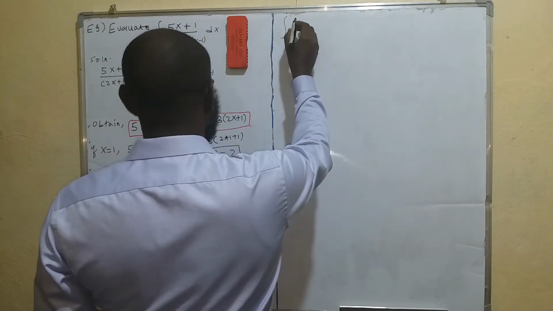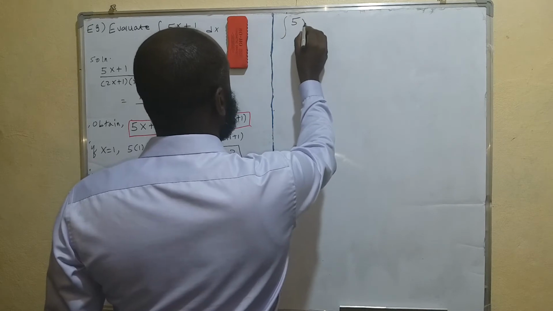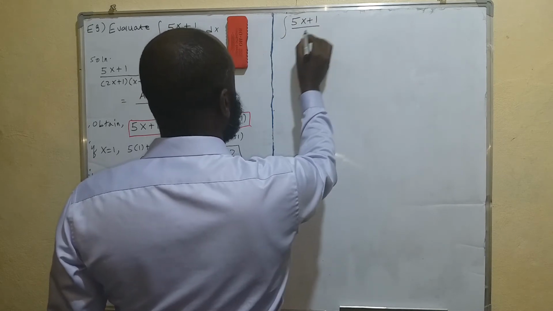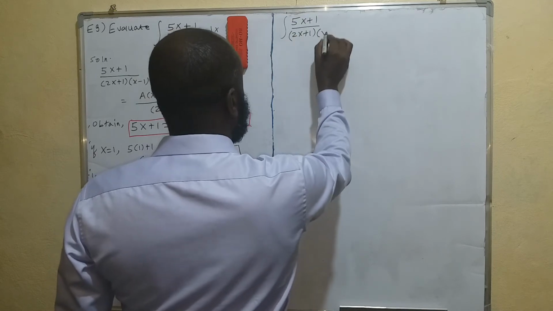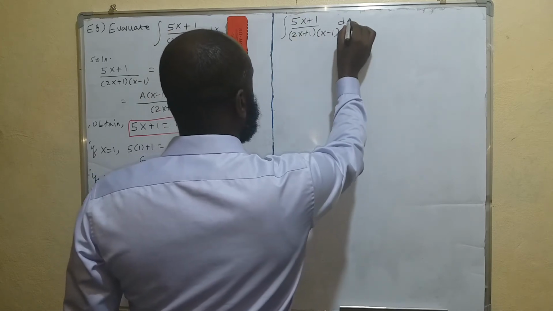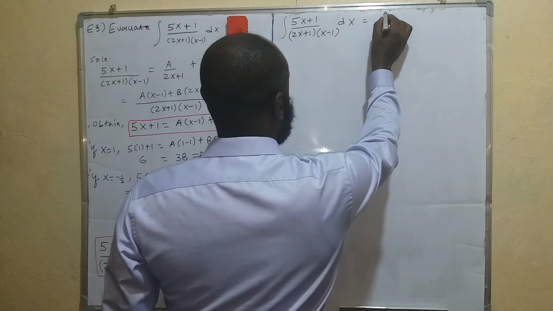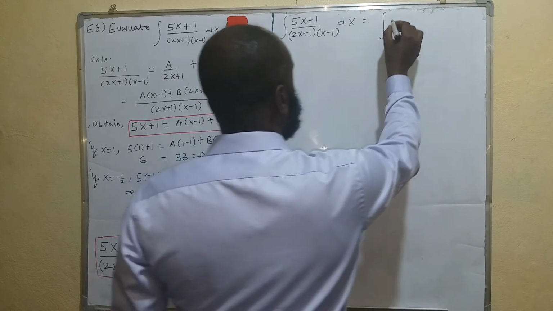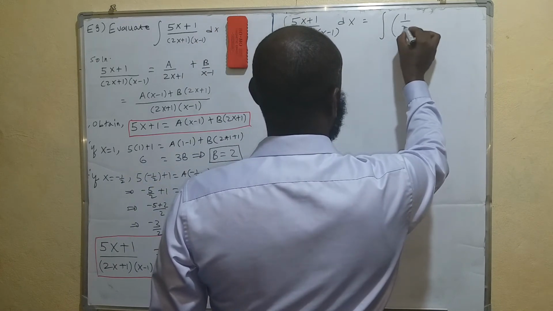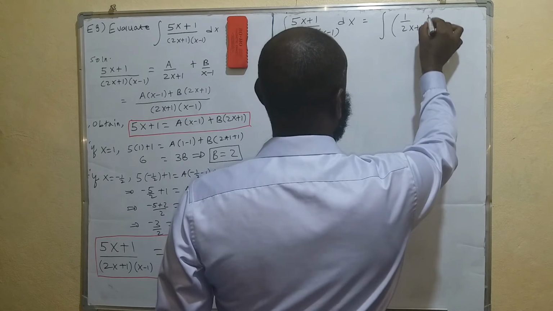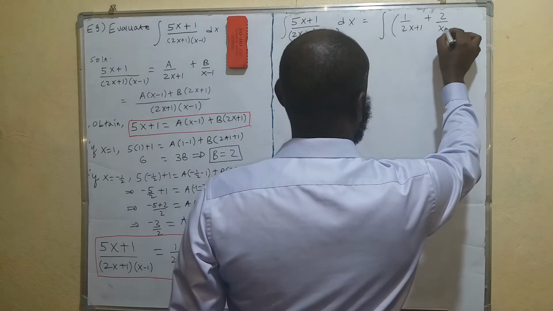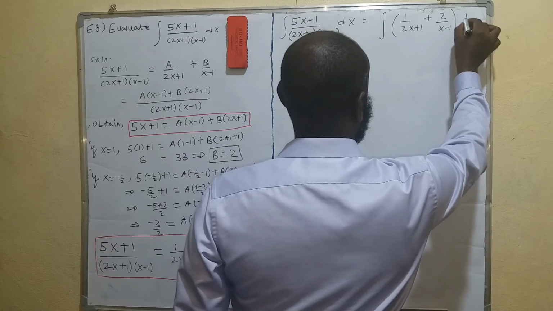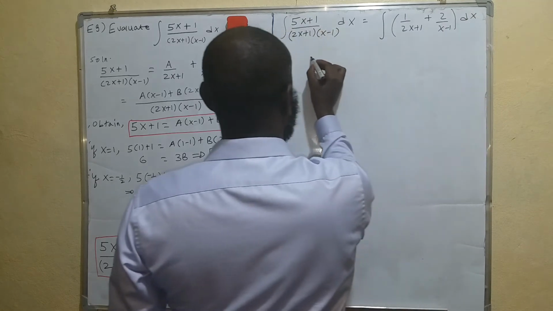Integrating both sides, we get the integral of (5x plus 1) over (2x plus 1)(x minus 1) dx, which is equal to the integral of 1 over 2x plus 1 plus the integral of 2 over x minus 1 dx.